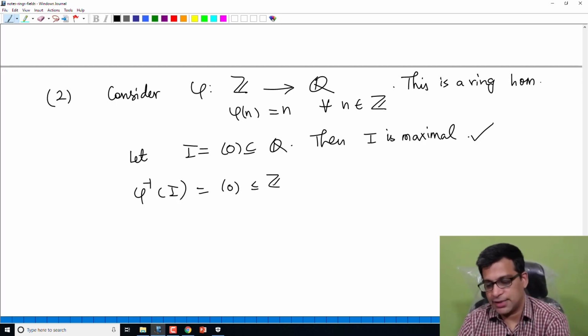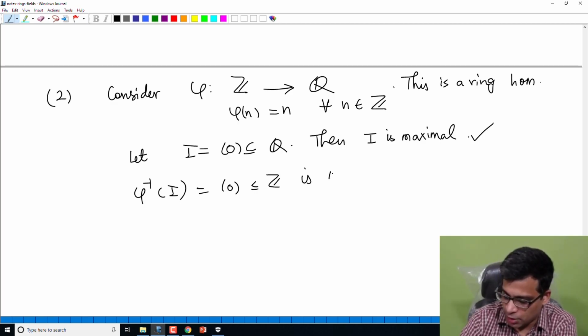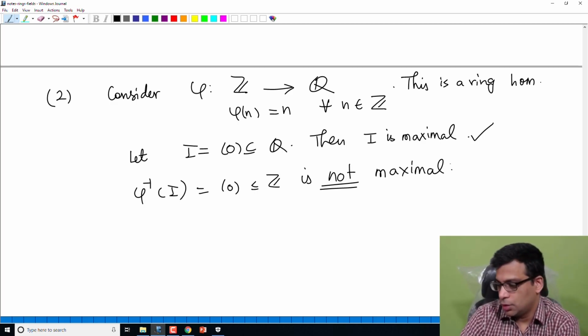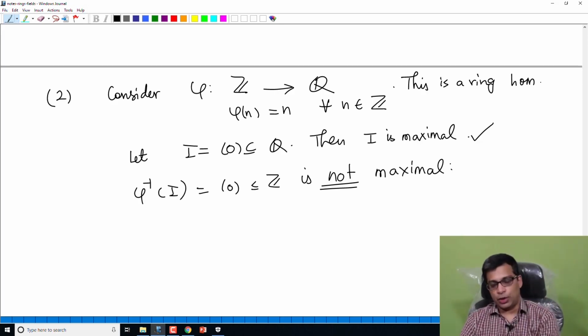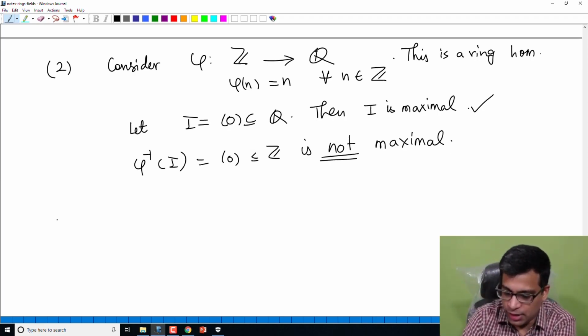And of course it's an ideal, as I told you, inverse image of ideals is an ideal, but it's not maximal. Okay, so you have a maximal ideal 0 in Q, but when you pull it back to Z, you still get the 0 ideal in Z, but it's not maximal. So in general, inverse image of a maximal ideal is not maximal.